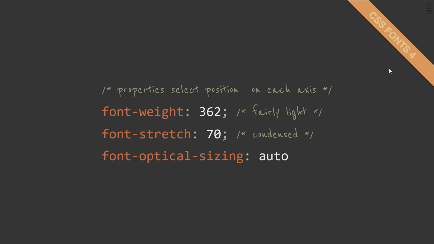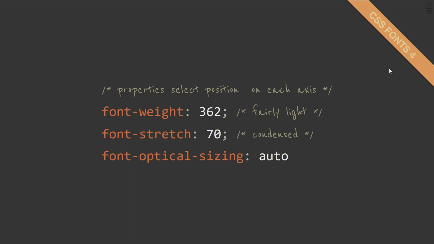And font-stretch: 70, where 100 is normal, 70 is narrower than normal, 125 is wider than normal. Font-optical-sizing: auto. Right, if you're setting it in 32-point type, you don't want to also say font-optical-sizing: 32. You're just repeating yourself. So we basically have an on-off switch there, auto or none.